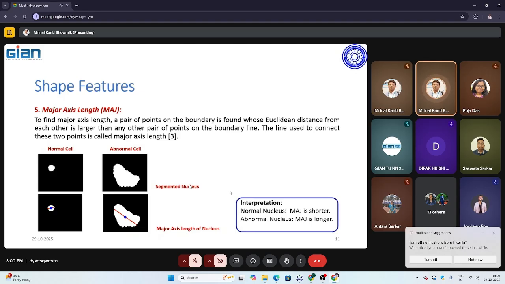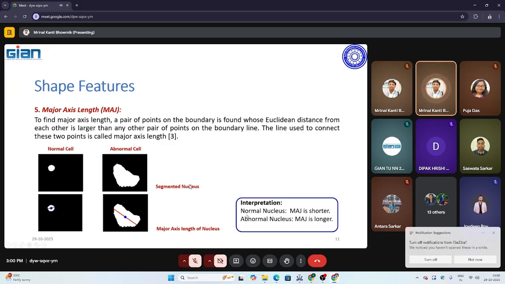The line used to connect these 2 points is called the major axis length. Here you can see these are the two most distant points on the boundary of the nucleus. We can find the major axis length in this way, and for the normal cell also we can find it in this way.